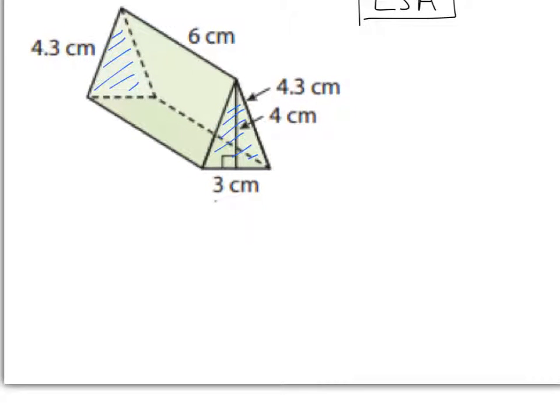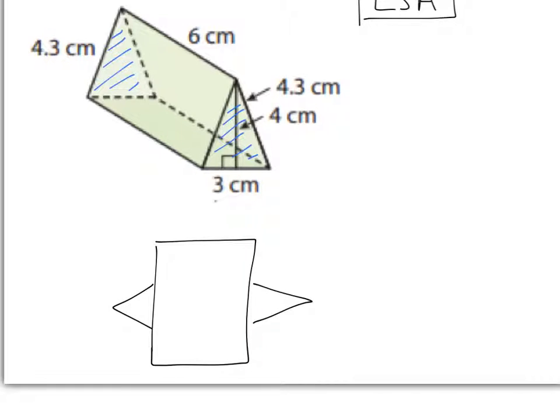So I'm going to draw that out. It's really easy. You draw one big rectangle like this. You're going to do your triangles on the side. So this is 4.3 right here. The base is 3 centimeters, and the height right here is 4 centimeters.